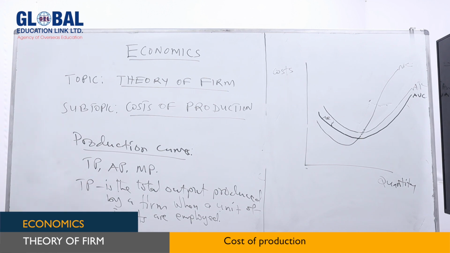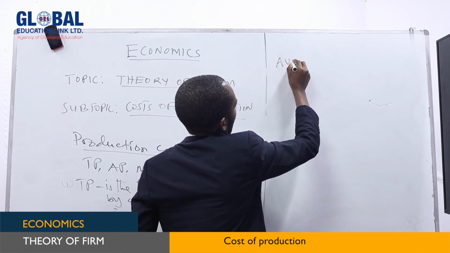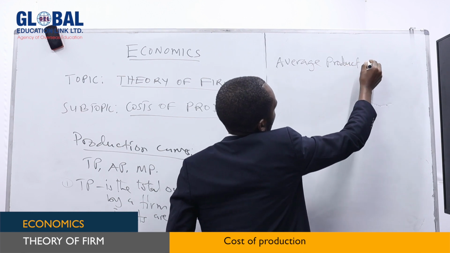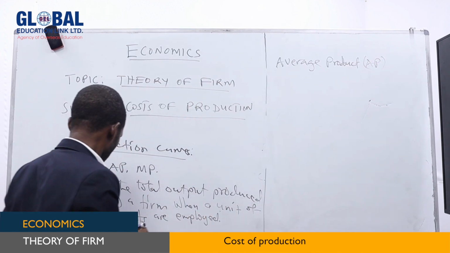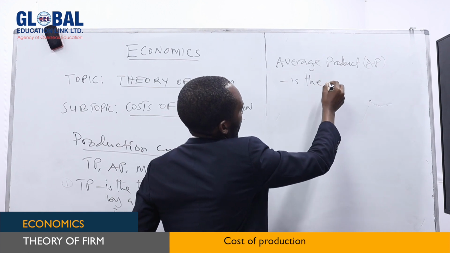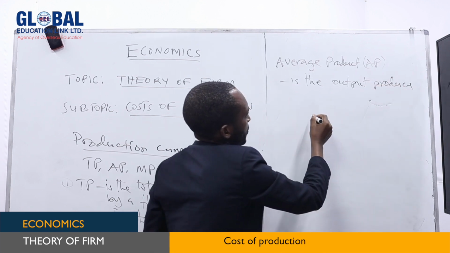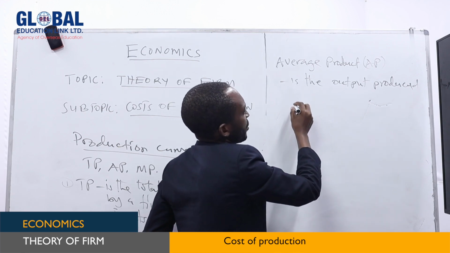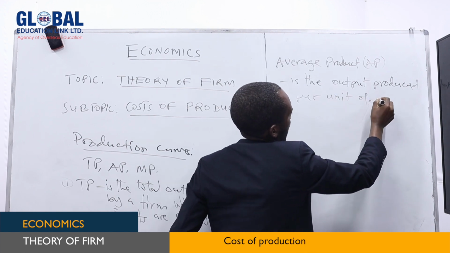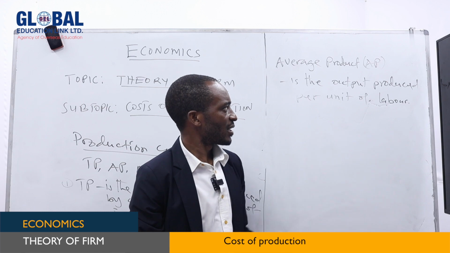Also, we have average product, or AP, which is the output produced per unit of labor.